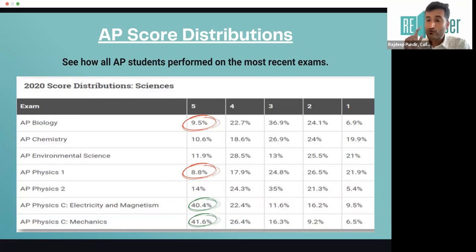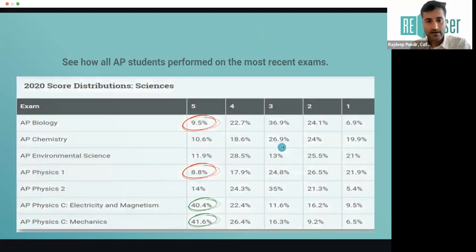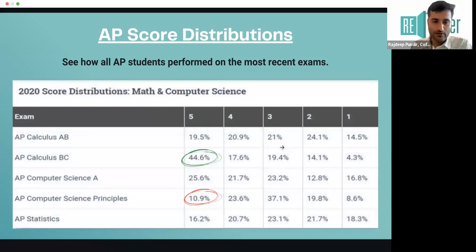That means it's easier to score a 5 out of 5 if I'm choosing AP Physics C Mechanics or AP Physics C Electricity and Magnetism. So there's a very, very high probability of me getting a 5 out of 5, and hence this subject could be on the top of your list. Let's look at the next category, maths and computer science.